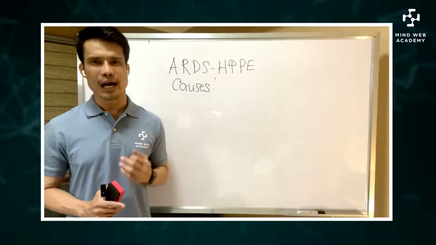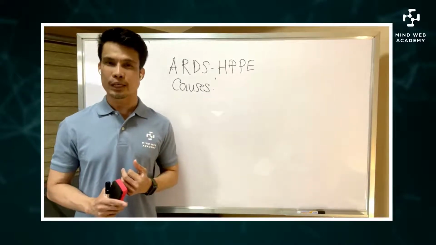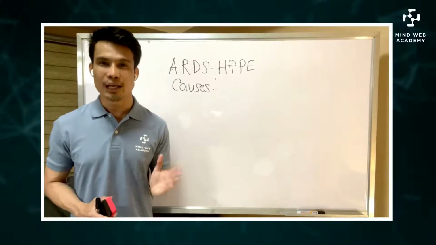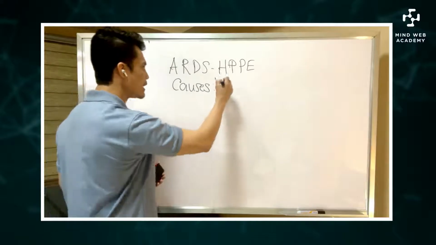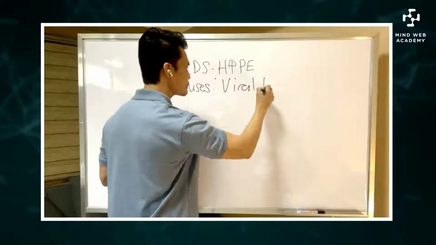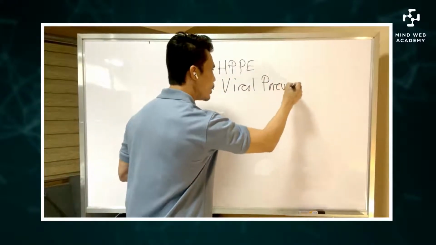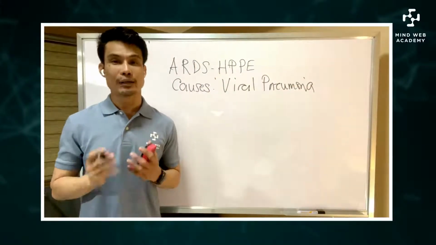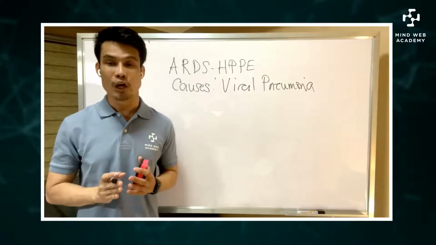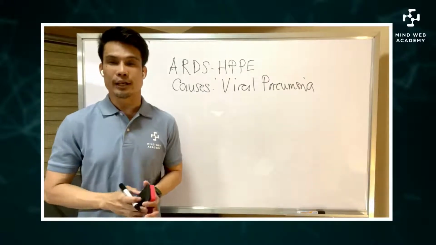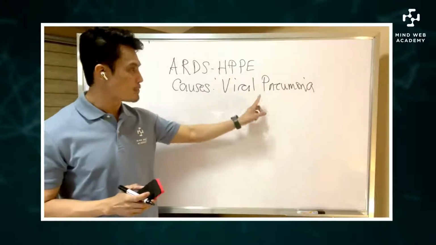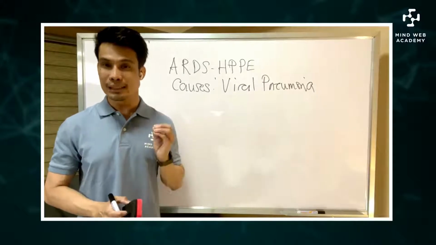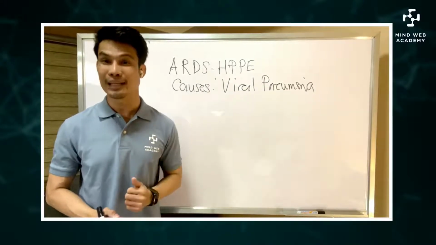Then the other is an infectious process, which is common right now, like viral pneumonia. Why do I focus more on viral pneumonia? Because viral pneumonia is one common cause of death, and it leads to acute respiratory distress syndrome. You will understand that later.